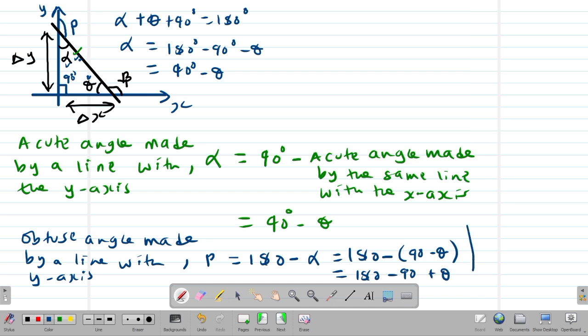So angle P will be given by 180 minus 90, you just get 90 degrees plus the acute angle made by the line with the x-axis. So this is how you get the obtuse angle made by the line with the y-axis. Remember, obtuse angle is an angle more than 90 degrees but less than 180.